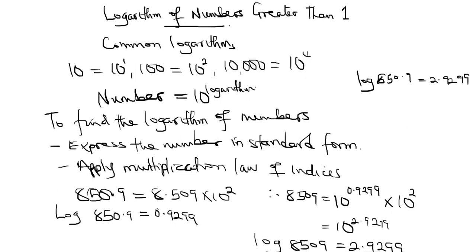In that case, we have the 2 as the characteristic, or the integer, while the decimal part is the mantissa. And that's just it. So we've been able to see how we can find the logarithm of a number, and we are going to apply the same concepts to various examples as we go on.